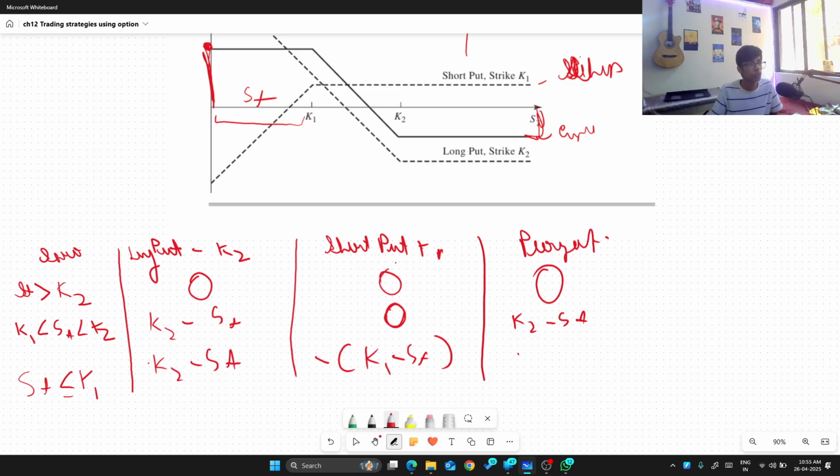So the total payoff would be k2 minus k1, right?